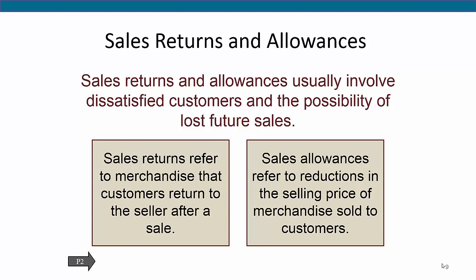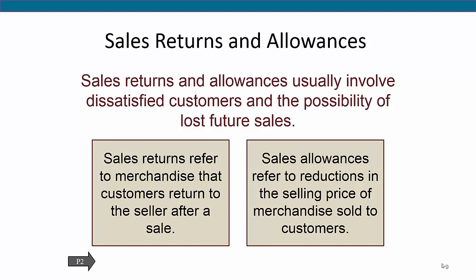Now, sales returns refer to merchandise that a customer returned to the seller after the sale. Many companies allow customers to return merchandise for a full refund, right? Sales allowances, on the other hand, refer to reductions in the selling price of merchandise sold to customers. This can occur with damaged or defective merchandise that a customer is willing to purchase with a decrease in the selling price.